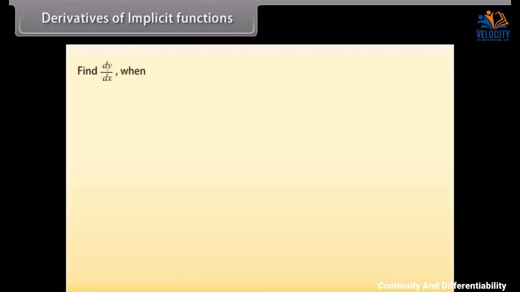Derivative of implicit functions. Find dy/dx when x square plus x square y plus x y square plus y cube is equal to 47. Solution. Given x square plus x square into y plus x into y square plus y cube is equal to 47.